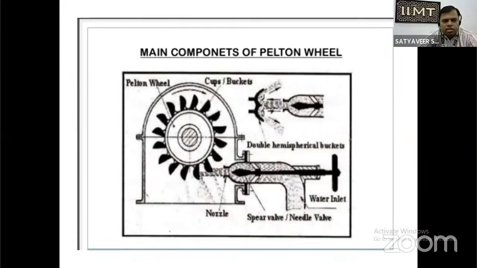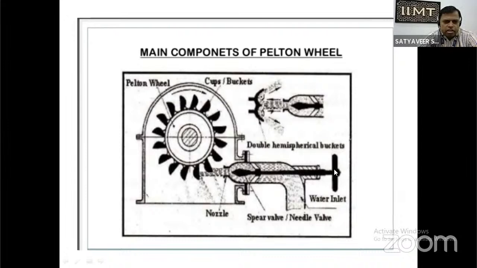Now we will discuss the main components of the Pelton wheel turbine shown in the picture. Basically, there is a turbine shaft, this is the turbine runner, and these are the buckets. Buckets are also known as cups or blades. This is the Pelton wheel, and this is the nozzle and spear rod arrangement.